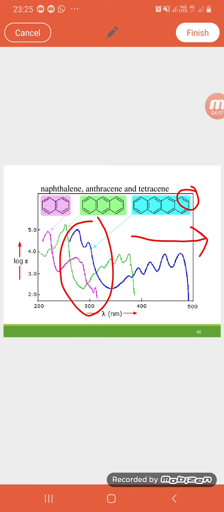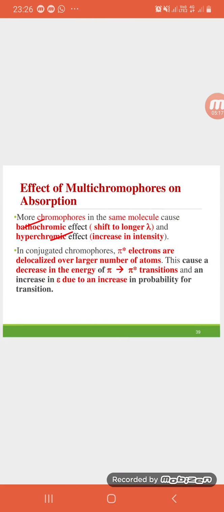So this is the effect of multichromophores. The peak will shift to the higher wavelength, red shift or bathochromic shift, and the absorbance will become higher, or we call it the hyperchromic effect.